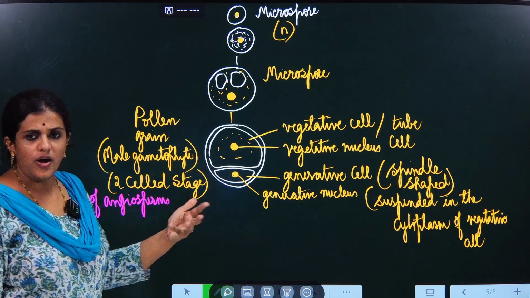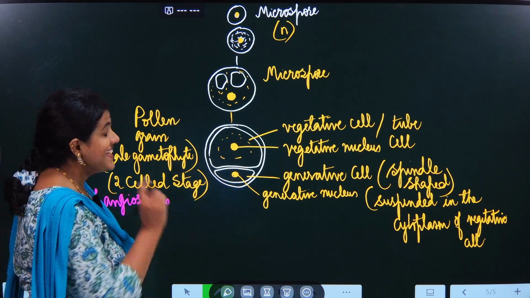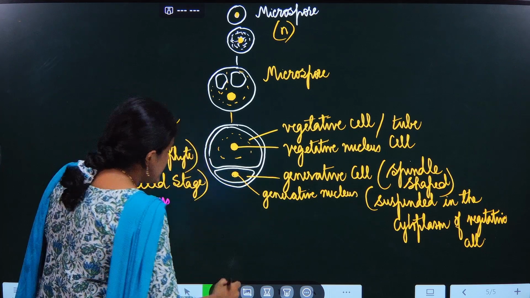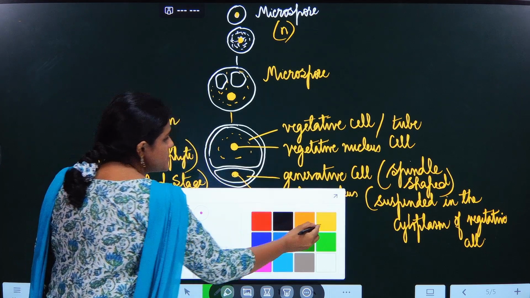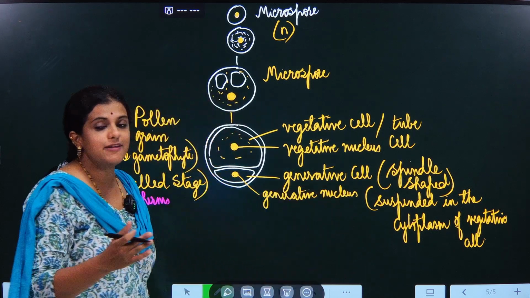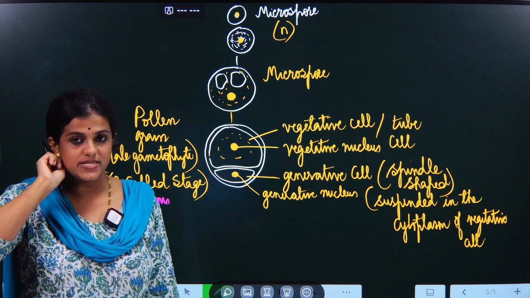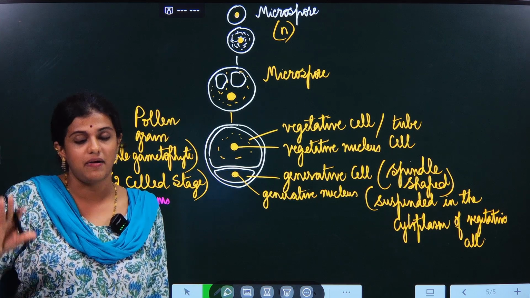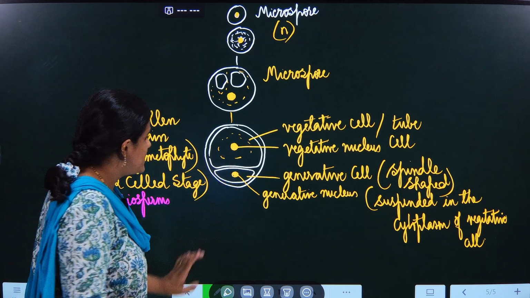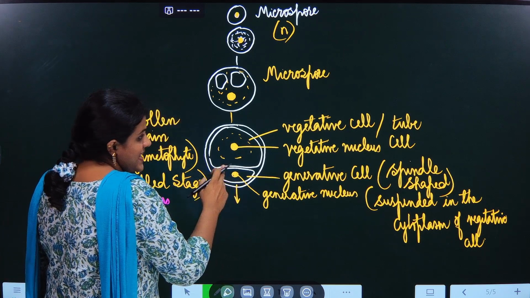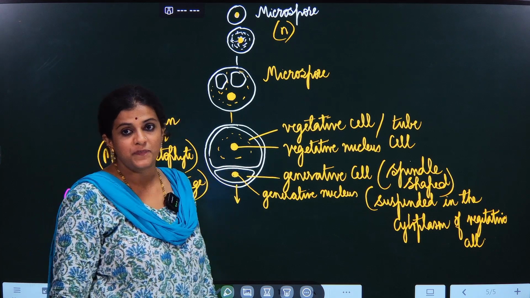Then what other option is there for them? If they are not dispersed at this stage, or sometimes if the pollens are dispersed and land on the right stigma of the right flower, then they will undergo one more change. What is that? We'll see. This generative cell is there, no?